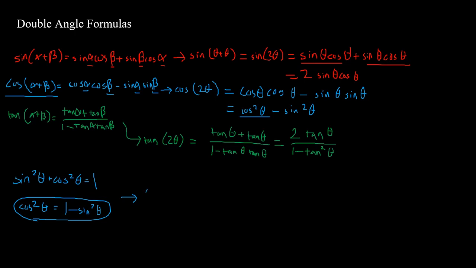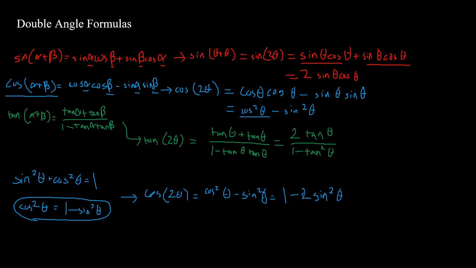So this would mean that cosine 2 theta is equal to cosine squared theta minus sine squared theta. And since cosine squared theta is also equal to 1 minus sine squared theta, we're just going to get 1 minus 2 sine squared theta, because you're subtracting sine squared theta twice.